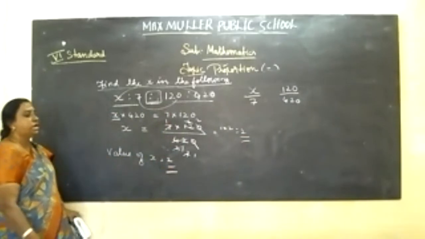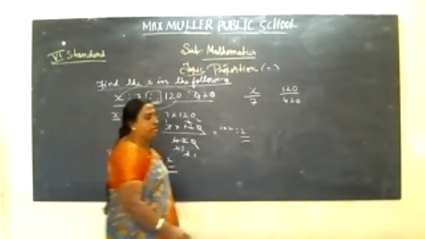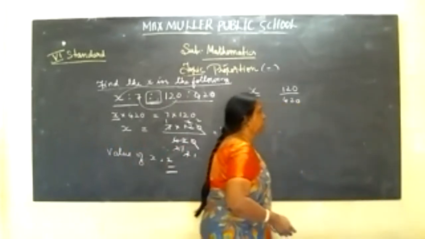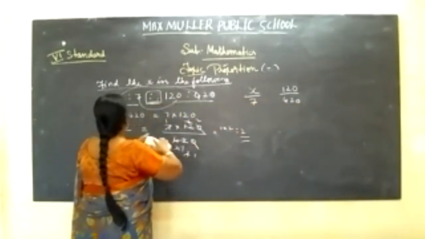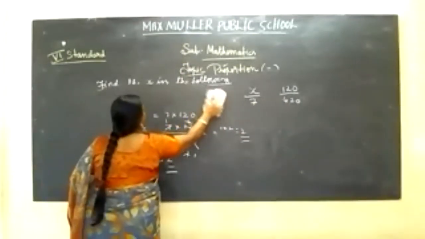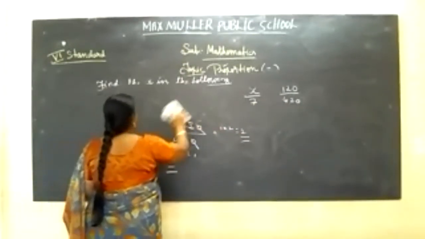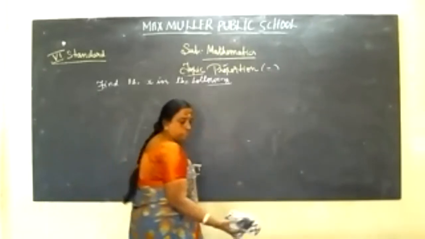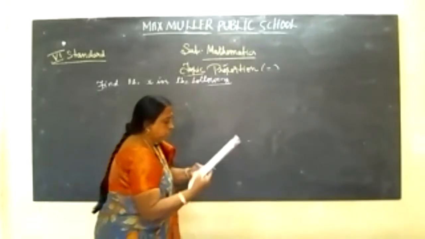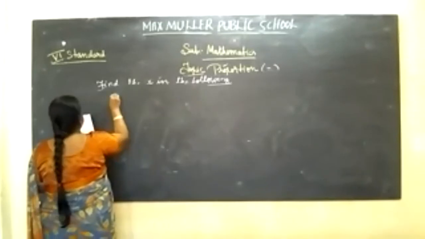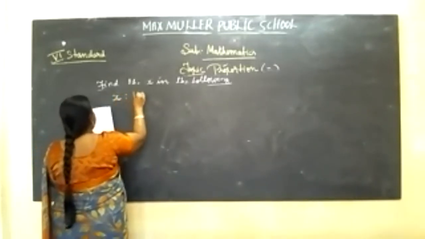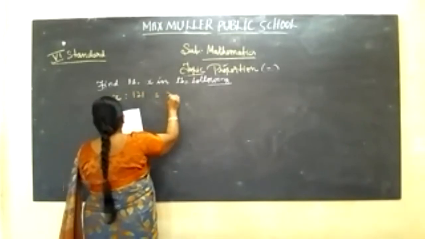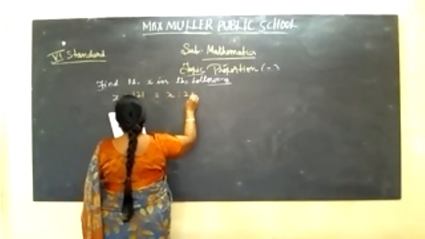Still 2 more sums I'll do, then you can understand clearly. Now next question. Next one. x is to 121 equal to x is to 231.